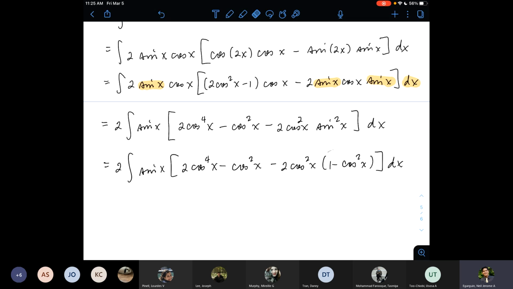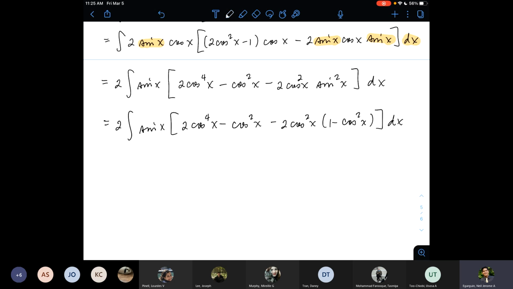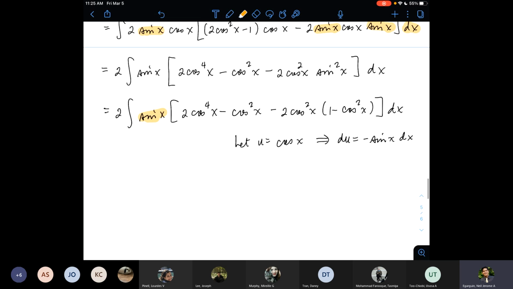dx. All right. And then now I can let u be equal to cosine x. Then that means du is negative sine x dx. As I intended, that's why I reserved that sine x over there. So we'll have negative 2 over here, because du is negative sine x dx. So we'll have integral of 2u to the 4th minus u squared minus 2u squared plus 2u to the 4th du, right?